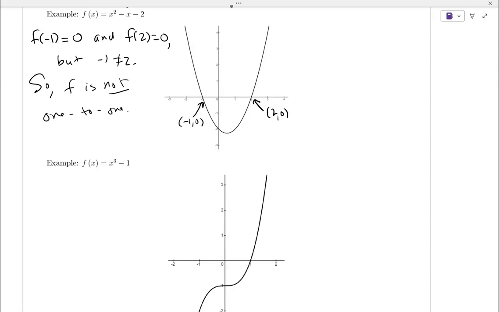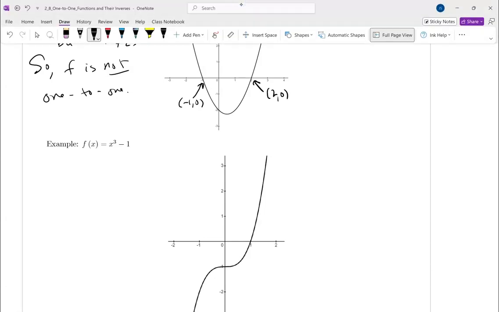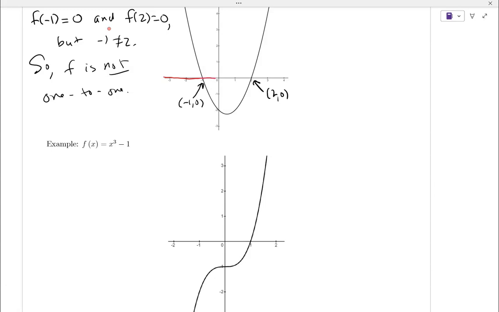Do we see two different inputs that give us the same output here? Notice above, the reason why we had two inputs that gave us the same output was in particular that x-axis crossed the graph twice, didn't it?